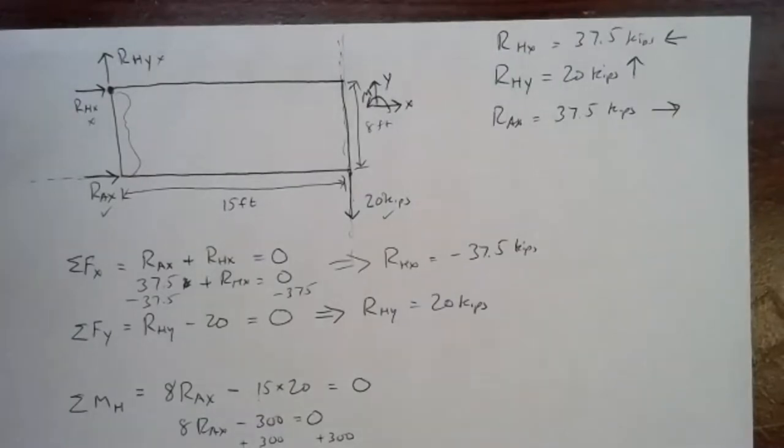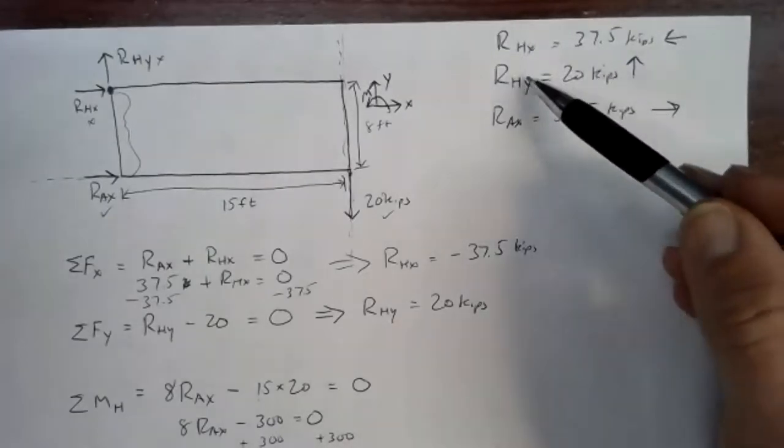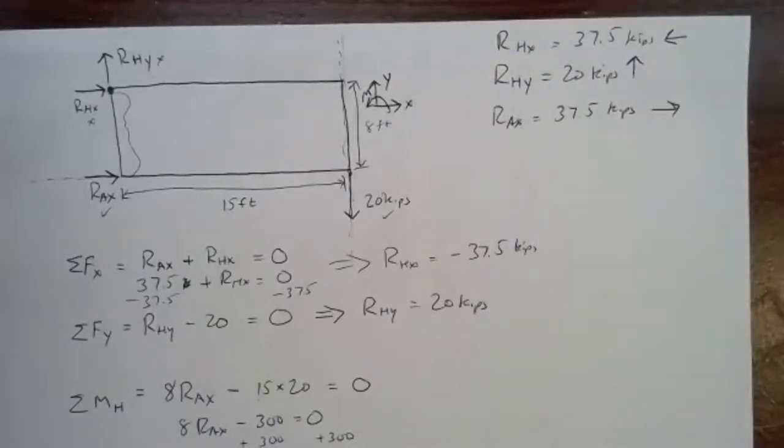So there's the external problem. We figured out the external forces on the truss. So we've got 3 pieces of information about our supports. Anyone have any questions as to how to get the reactions at the pin and the roller support?